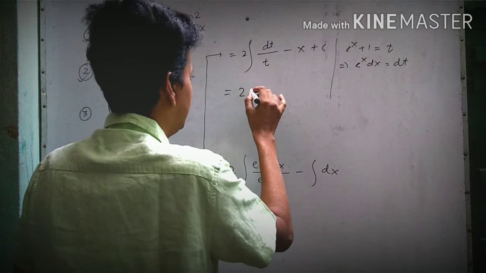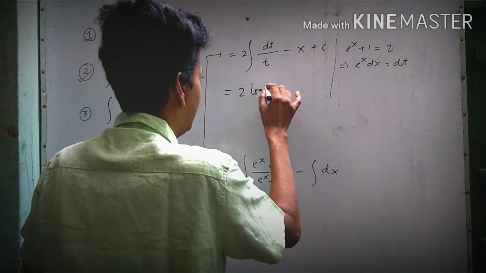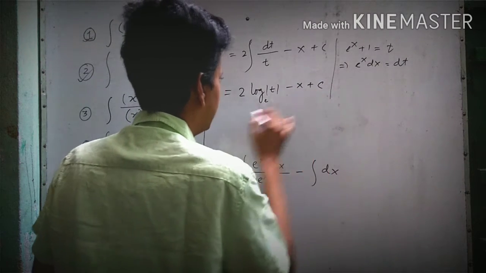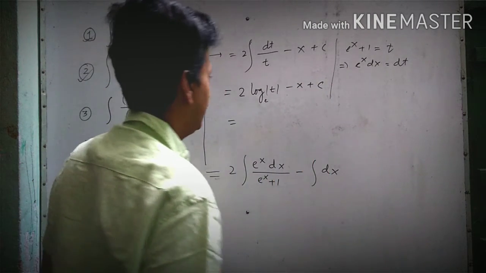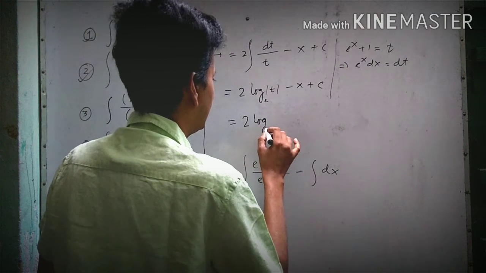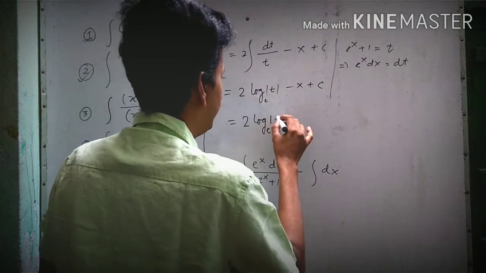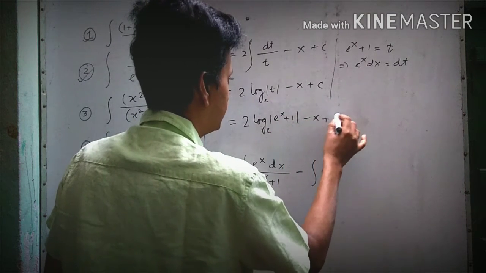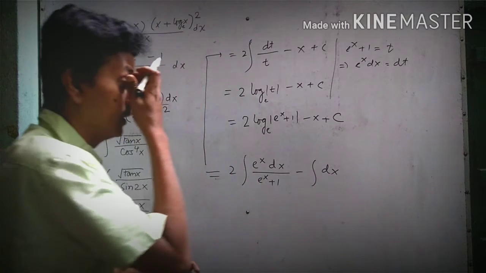Integration of dt by t we can write as log t minus x plus c. Now put the value of t. So our final result is 2 log mod of (e to the power x plus 1) minus x plus c, where c is the integral constant.